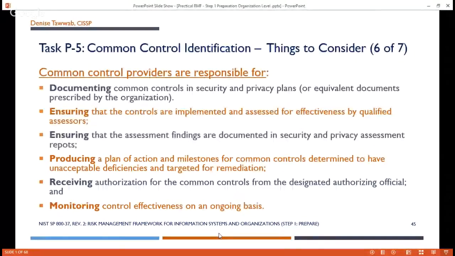And the common control provider is responsible for monitoring the effectiveness of those controls on an ongoing basis. So that's what the common control provider is responsible for.